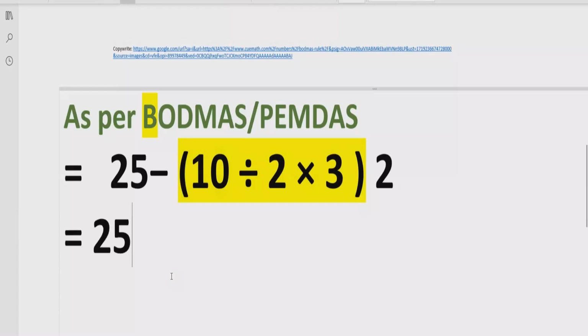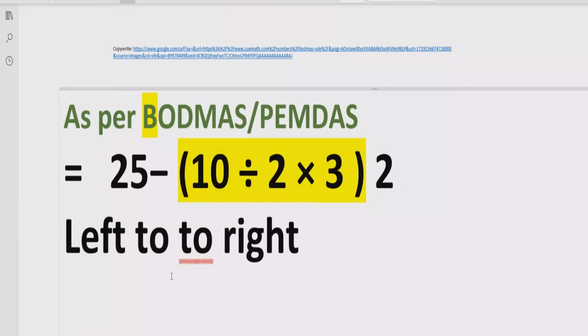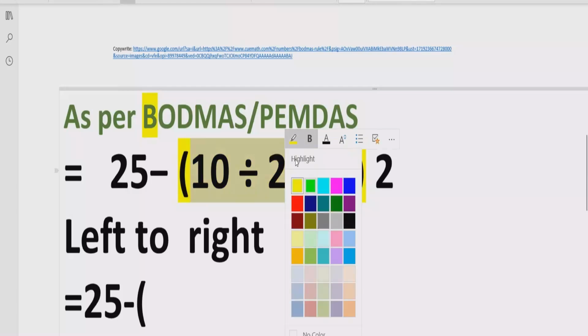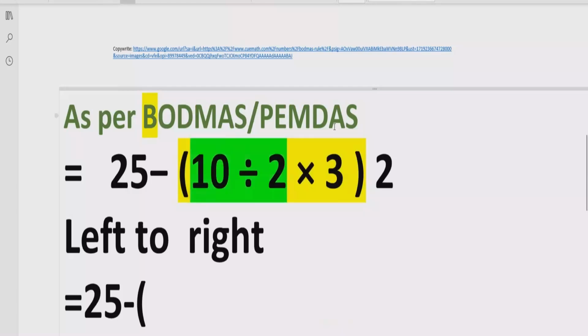Because we have the signs of division and multiplication, we will go left to right for this part and find out which operation is coming first. Here inside the bracket, we have 10 divided by 2. So we will solve this part first according to the BODMAS and PEMDAS rule.